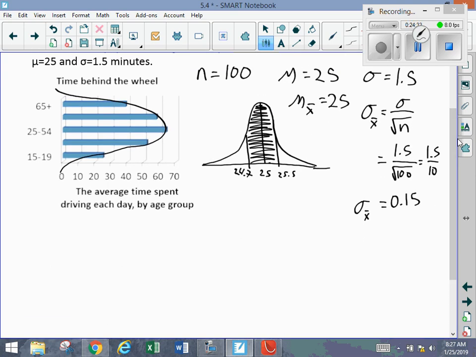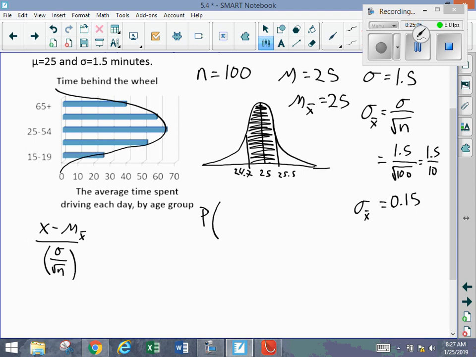What I'm looking for is the probability that z is between, remember I'm going to use x minus the mean divided by the standard deviation, but in this case it's mu sub x bar, and my standard deviation is the one we've already calculated.